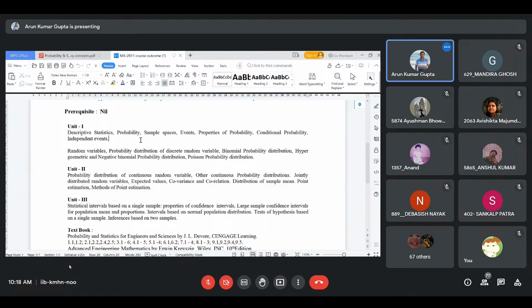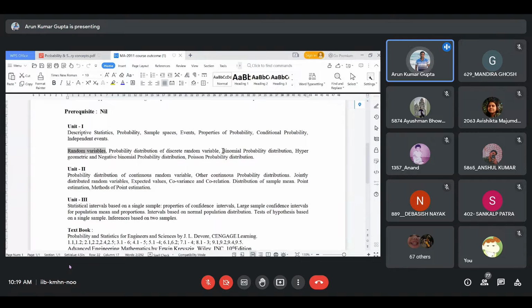Next, the actual thing starts with this random variable. What is random variable? How do you classify them? What is the probability distribution? And then various types of distribution, various types of discrete distribution, various types of continuous distributions.